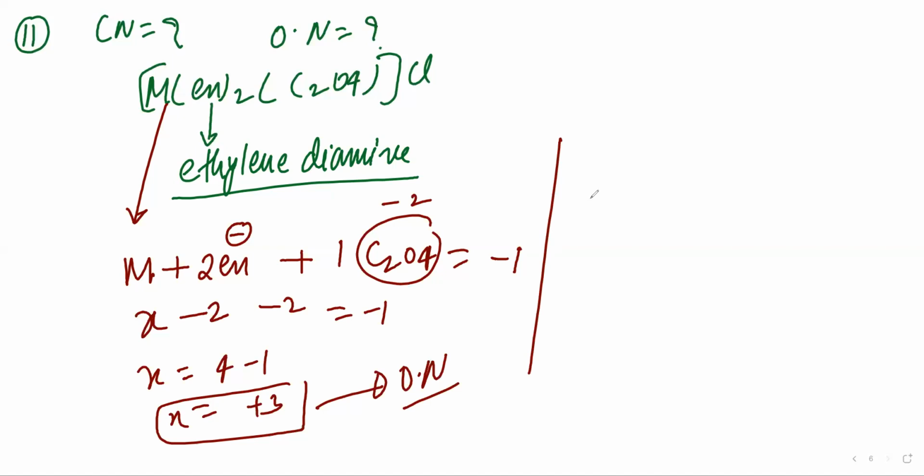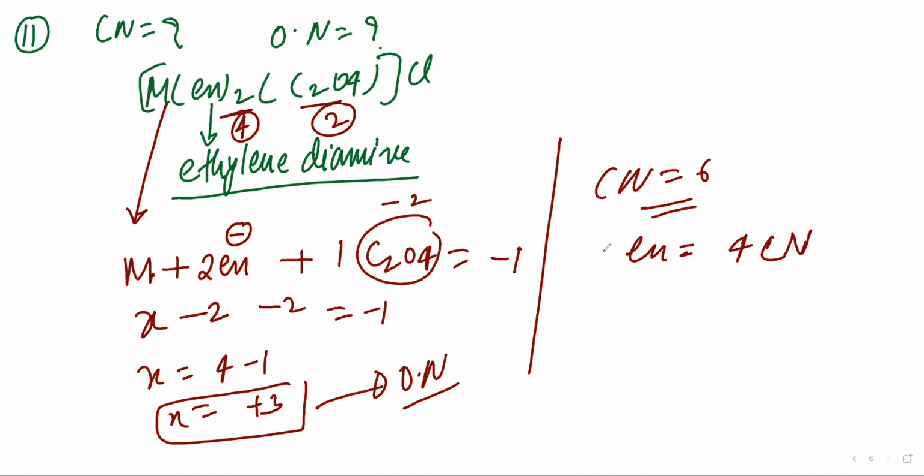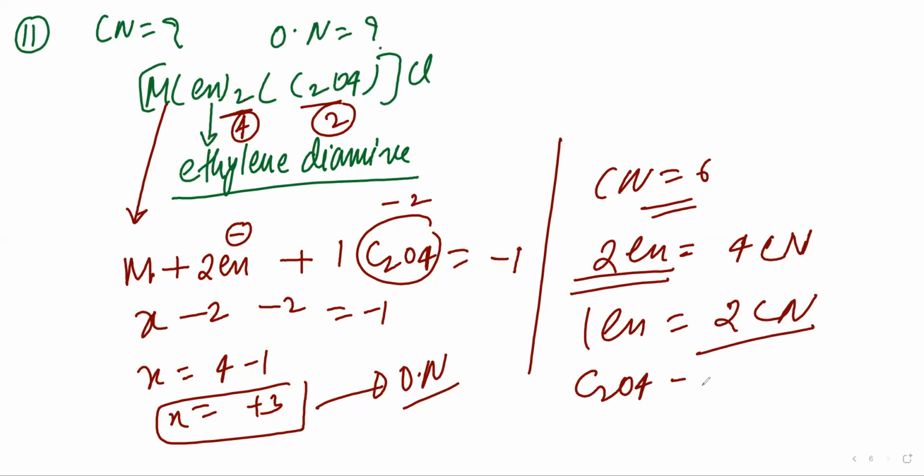Now find the coordination number. The number of binding sites total is called the coordination number. You can just count it down, so it will be 6. Why is it so? Because en will give 2 lone pairs, so 2 into 2 is 4, and C2O4 gives 2.